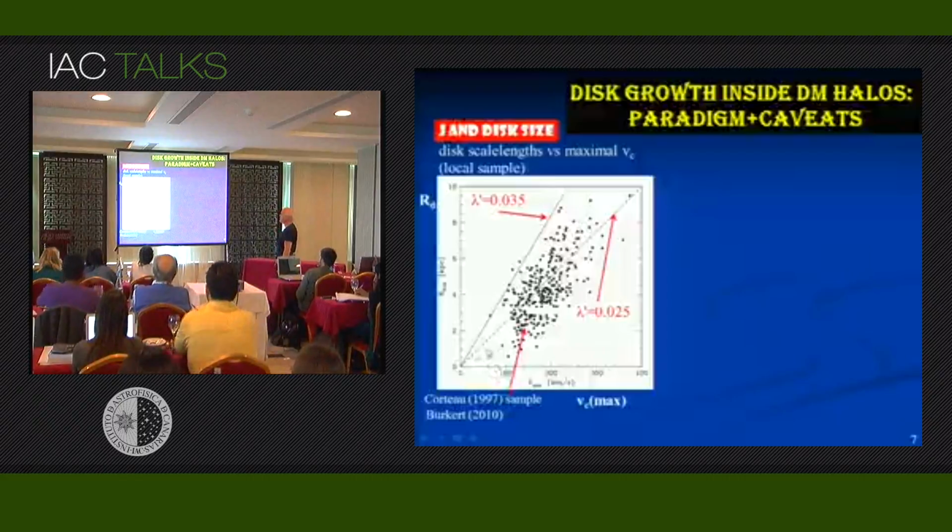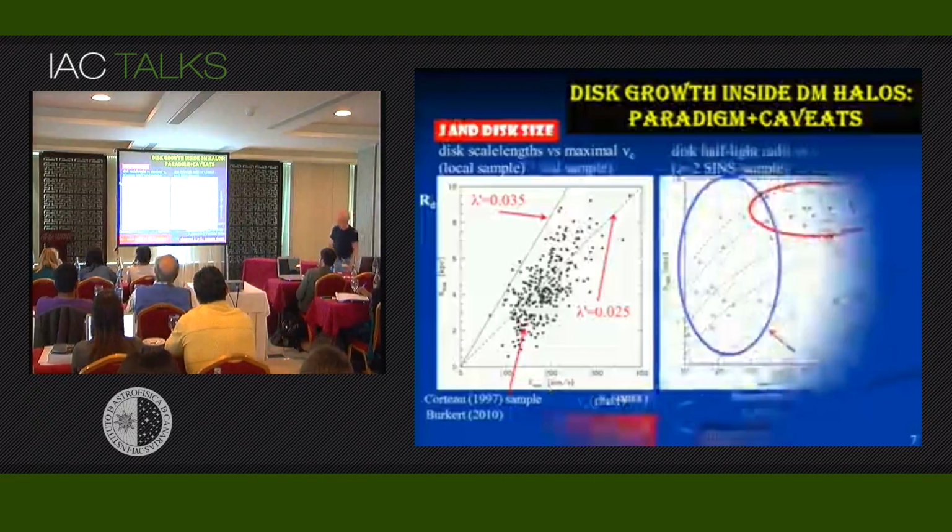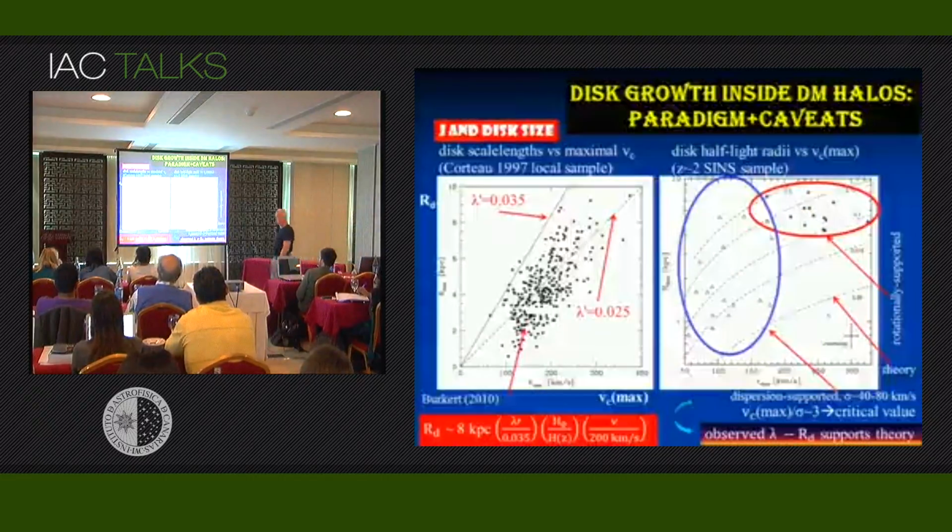And what you see here is that the lambda prime, the deduced spin of the dark matter halos, is around 0.025. The theoretical value is around 0.035, so the difference is not so bad and means that, as in the real universe, the baryons don't lose all of their angular momentum as they collapse.